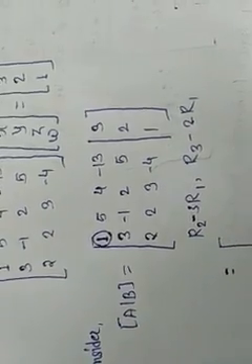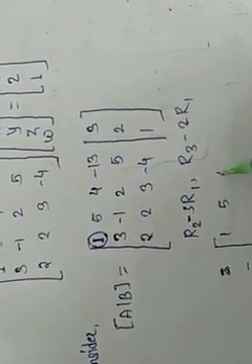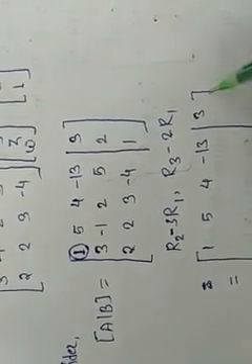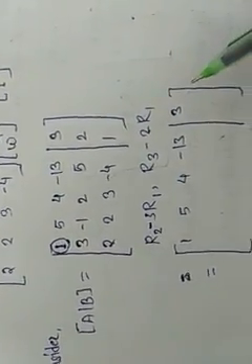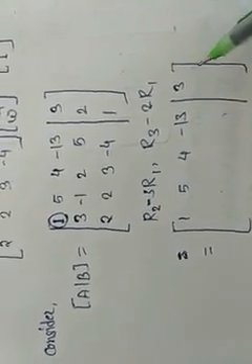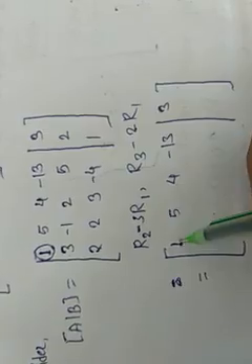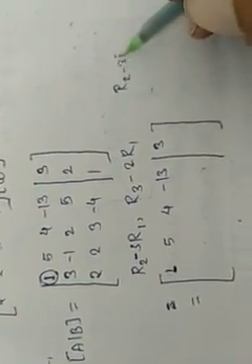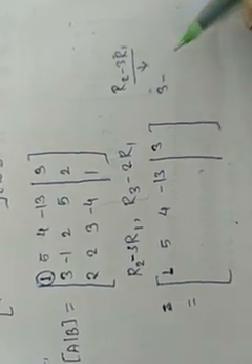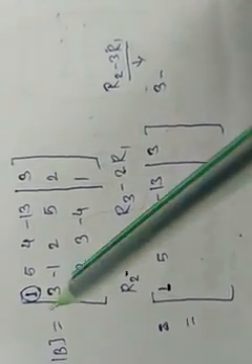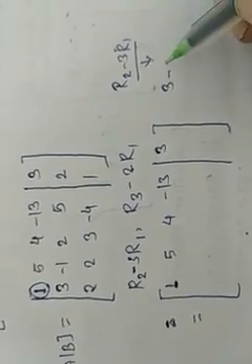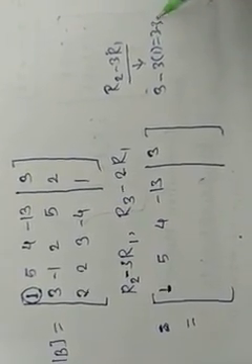So we get the first row as it is: 1 5 4 minus 13 3. In the Gauss elimination method, the first leading one's row always remains the same. Now R2 minus 3R1 gives 3 minus 3 times 1, which is 3 minus 3 equal to 0.